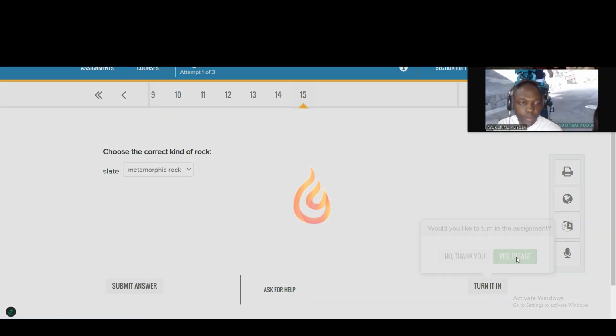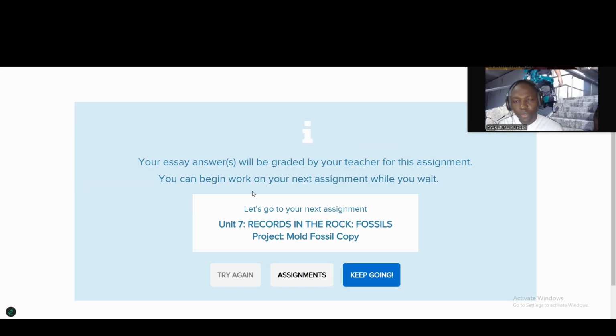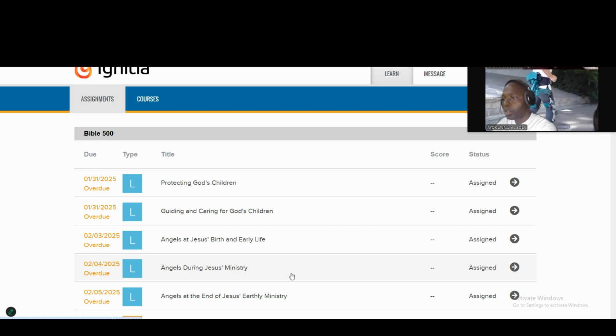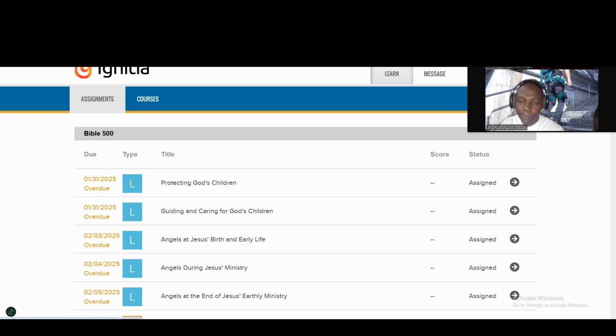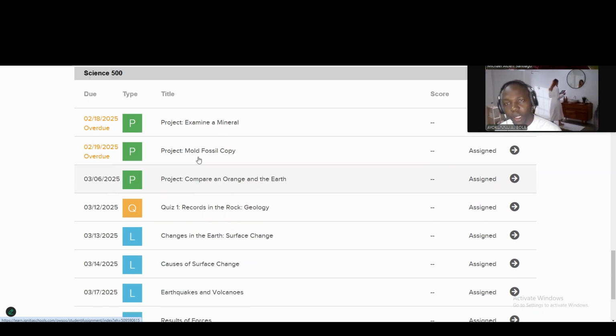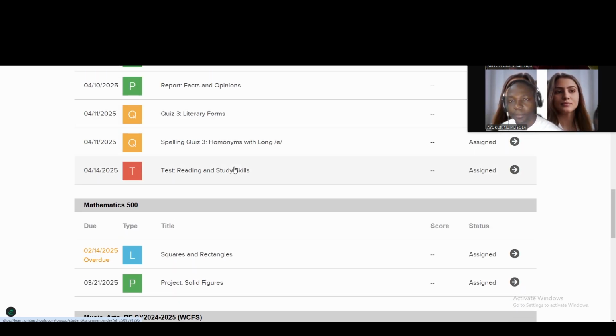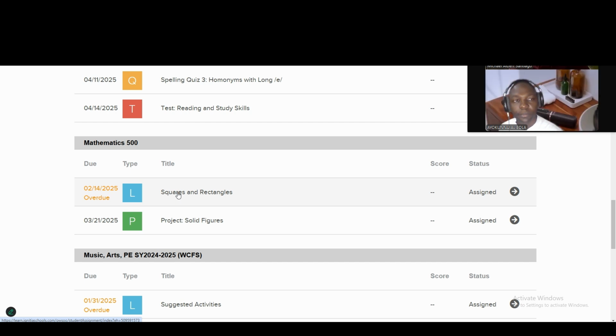Okay, let's submit the answer and see. This will be graded and reverted back to you, okay? Tomorrow we're supposed to look at this test and also go to the math, but you've wasted a lot of time, so we can't go there today.